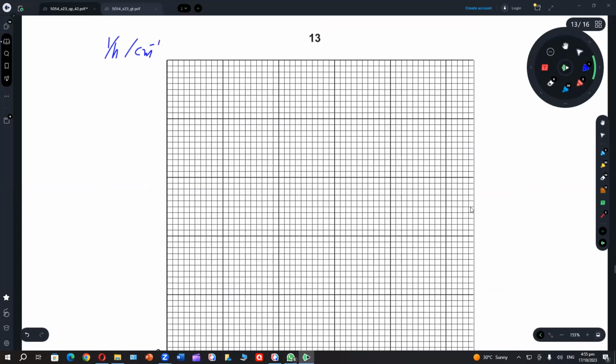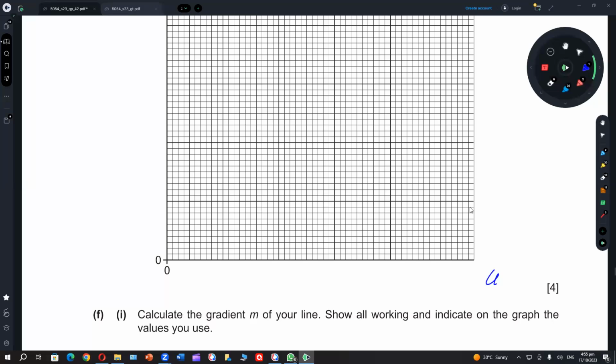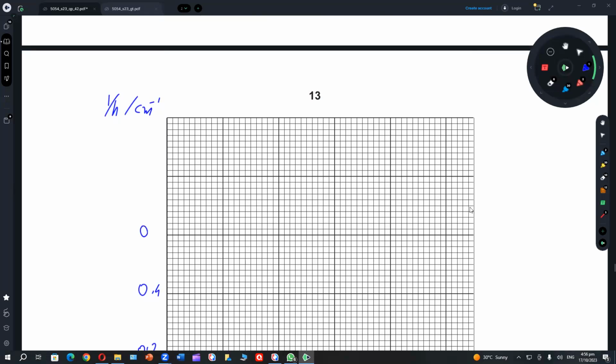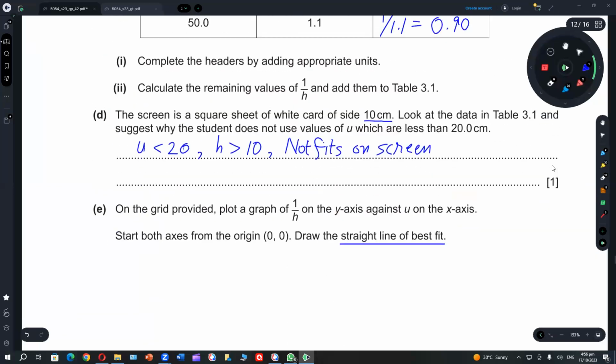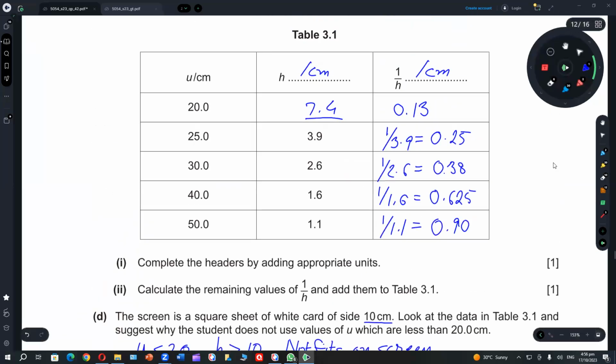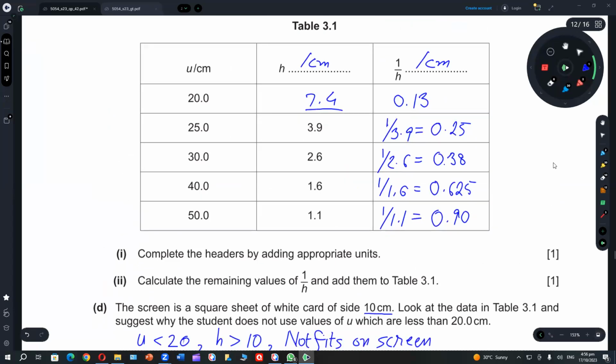So I can put 0.2, 0.4, 0.6, and u is going till 50.